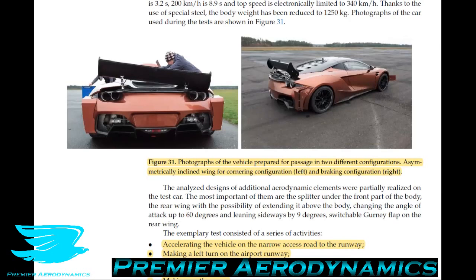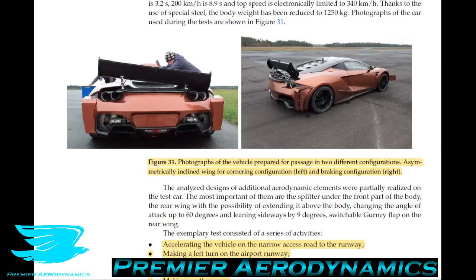And from 0 to 200 is 8.9 seconds, and then the top speed is electronically limited to 340 kilometers per hour. And thanks to the use of special steel, they don't say what type of steel this is, the body weight has been reduced to 1,250 kilograms, not kilometers.